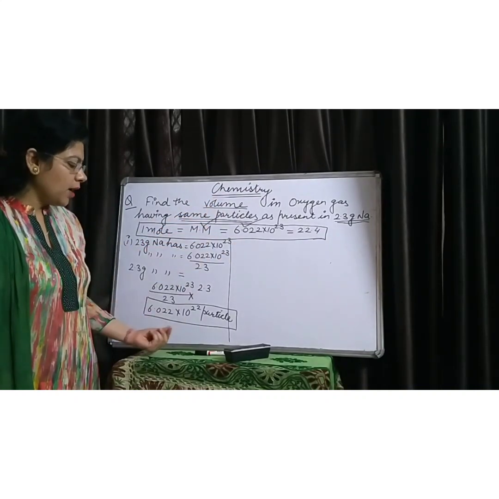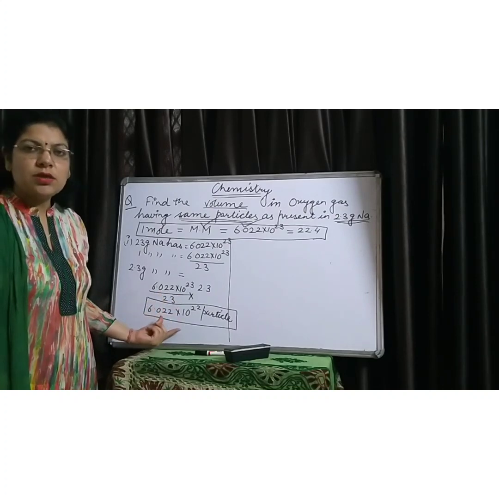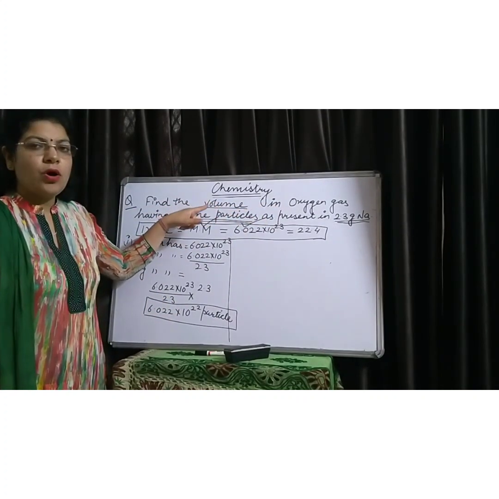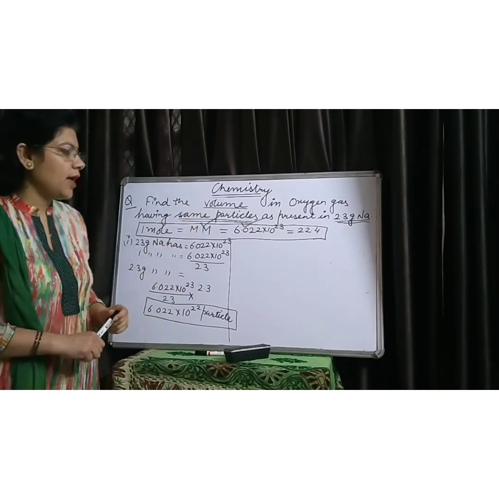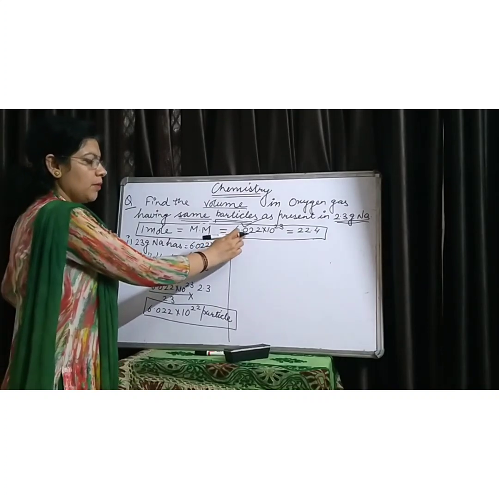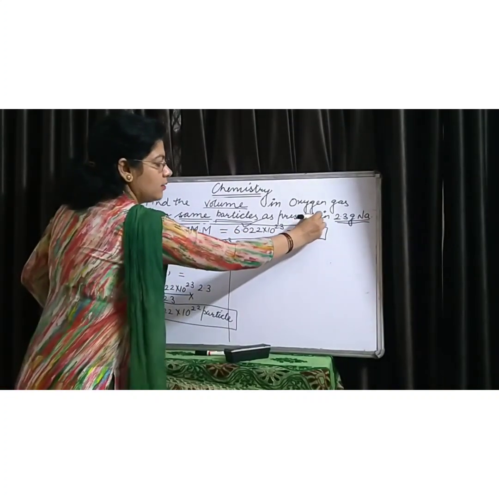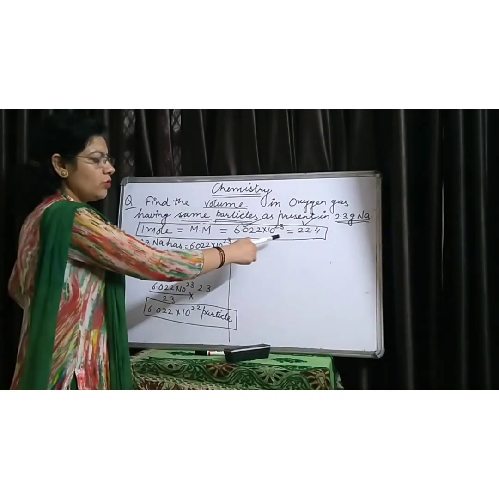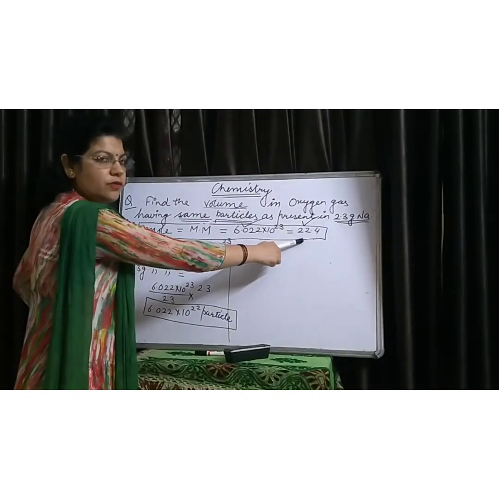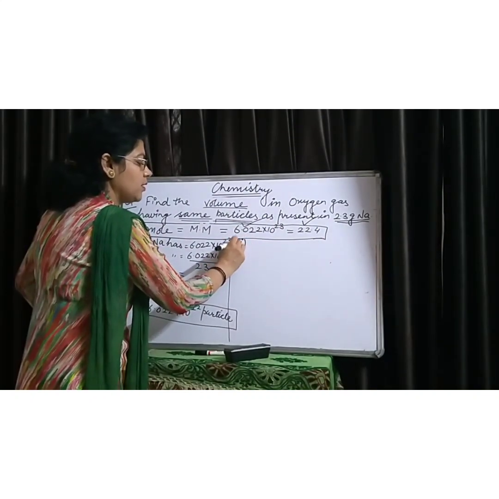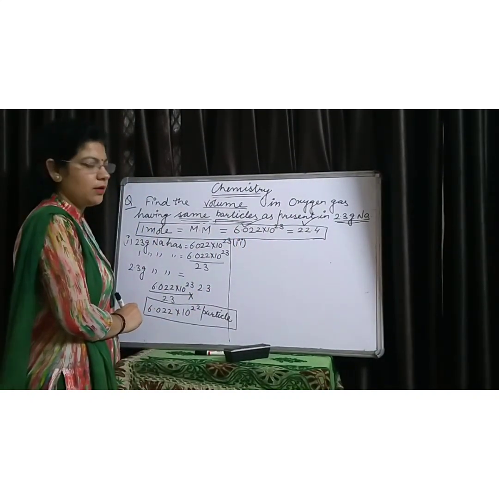So in the second part, we use number of particles and volume. We have to calculate the volume, so put volume on the right hand side and number of particles on the left hand side.